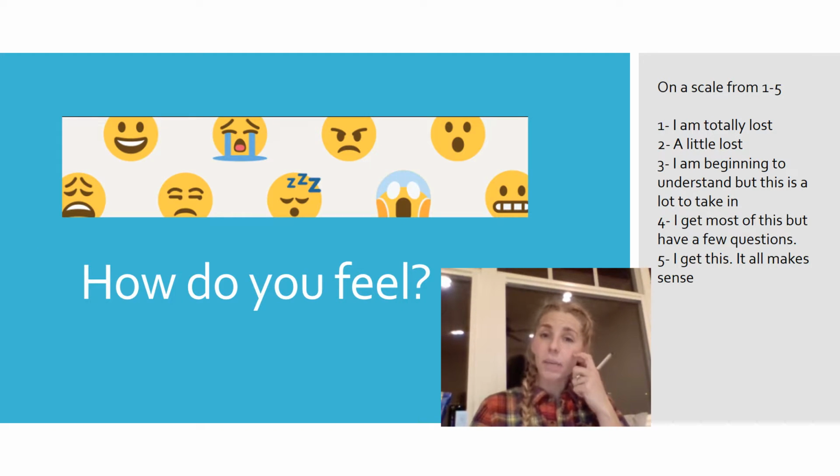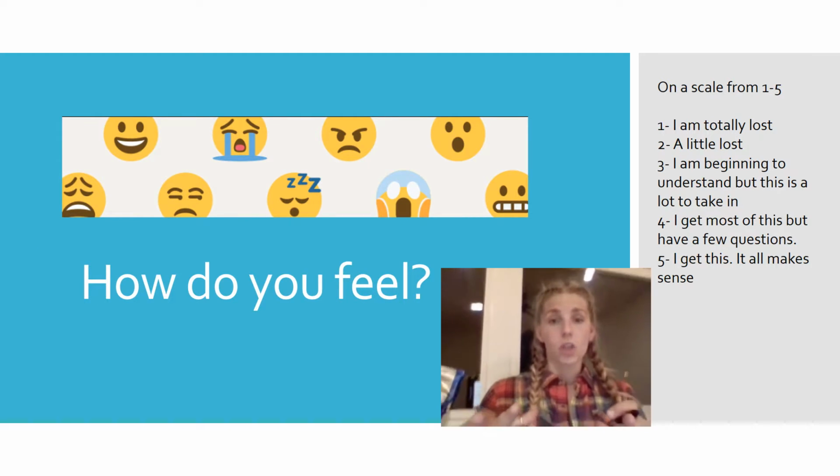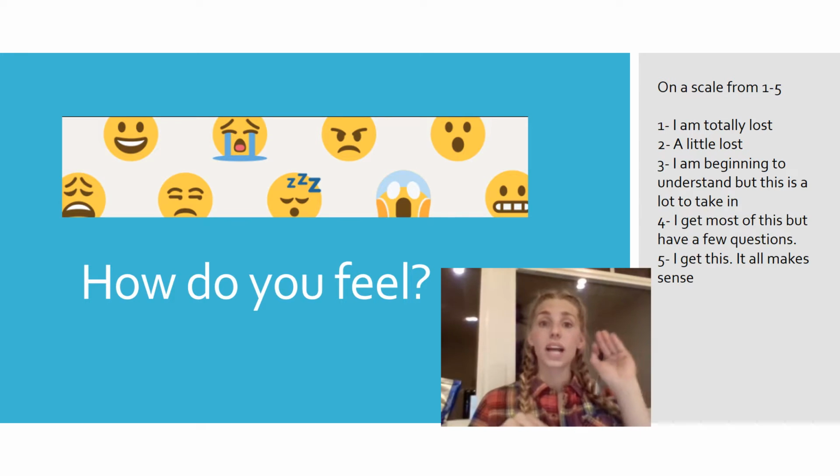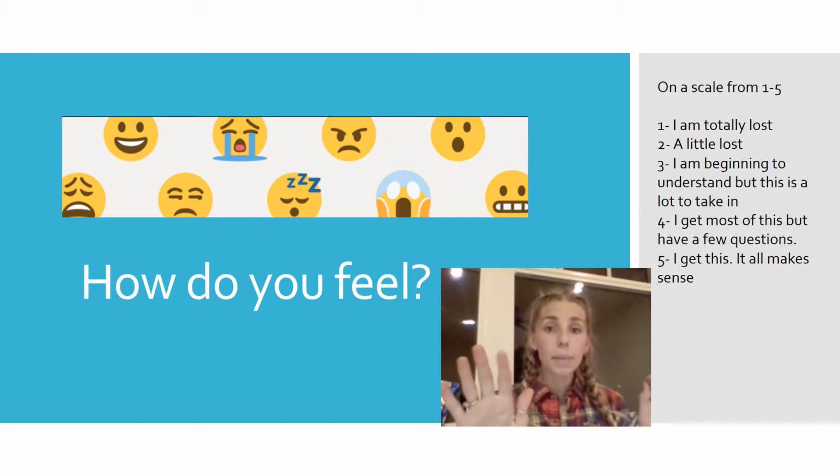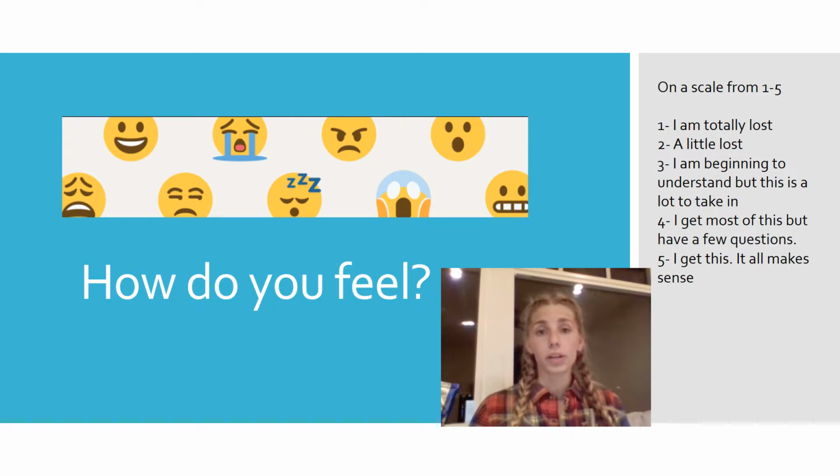I'd like you to tell me at this point, how do you feel? Right now, all we've talked about is standard form, slope-intercept form, and how to identify the slope and the y-intercept from a slope-intercept form equation. So please, on a scale from 1 to 5, tell me how you are feeling. 1 is I'm totally lost. 2, I'm a little lost. 3, I'm beginning to understand this, but this is a lot to take in. 4, I get most of this, but I have a few questions.